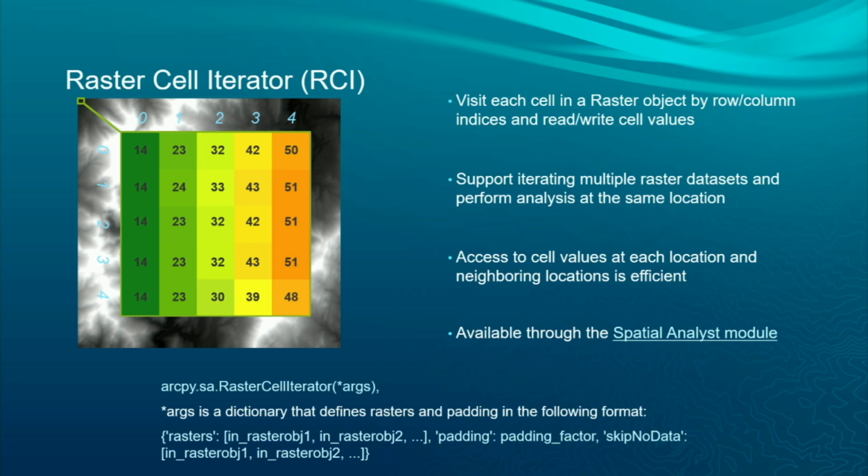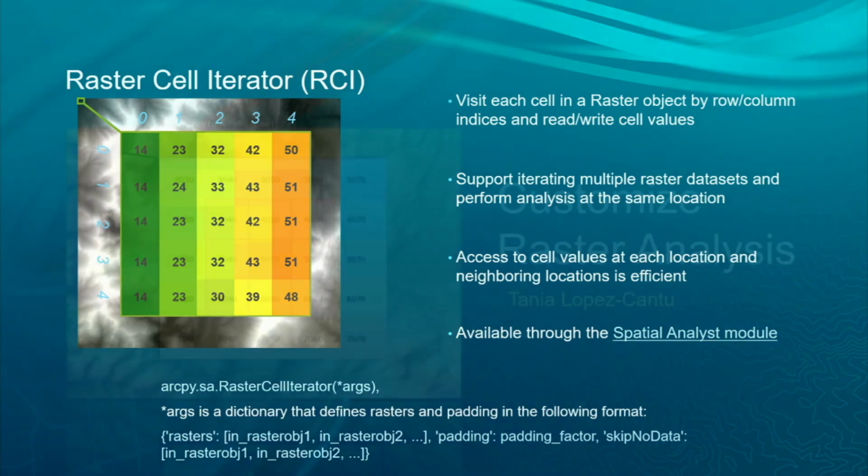We have several blogs you can look at. The important thing is that the raster cell iterator gives you pretty much direct access to your cell and your neighboring cells, and you can perform a lot of custom applications or analysis using that.